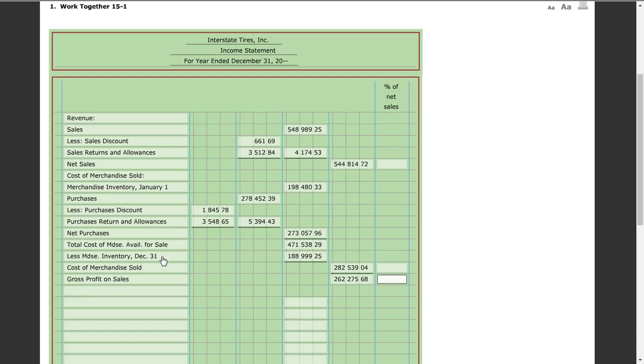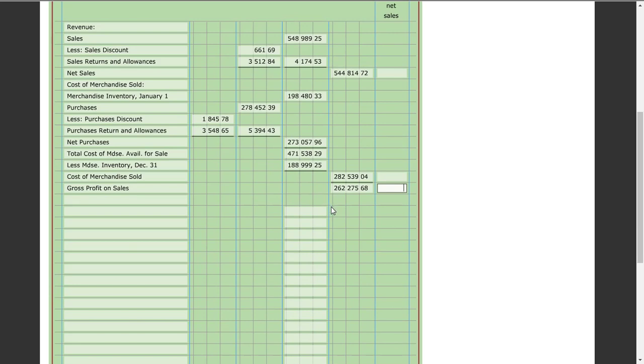Okay, so when we first did our income statement back in Unit 1, where it was a service business, all we had was our revenue, because we didn't have any cost of merchandise sold. Now, this cost of merchandise sold, the gross profit on sales, is the hardest part of an income statement. Yeah, I can tell. Okay?